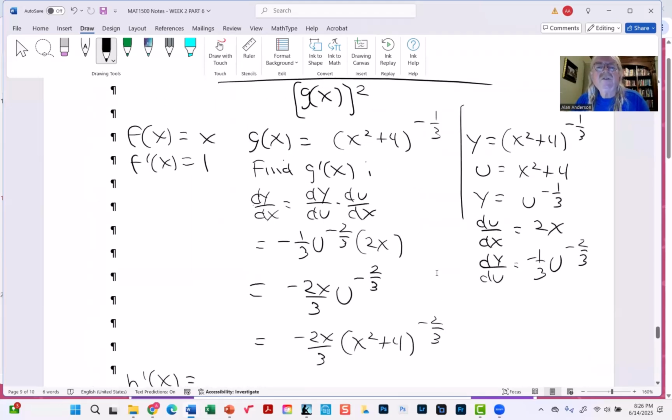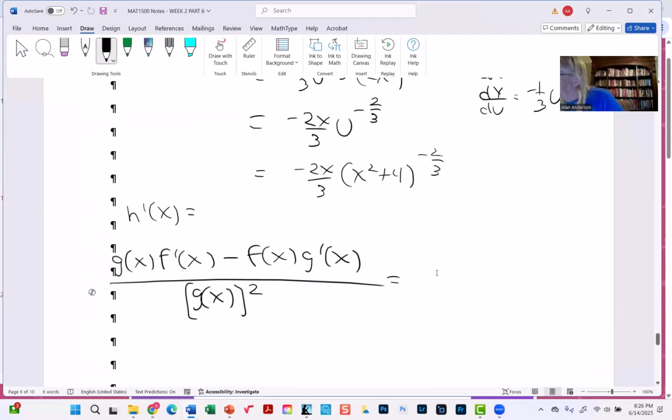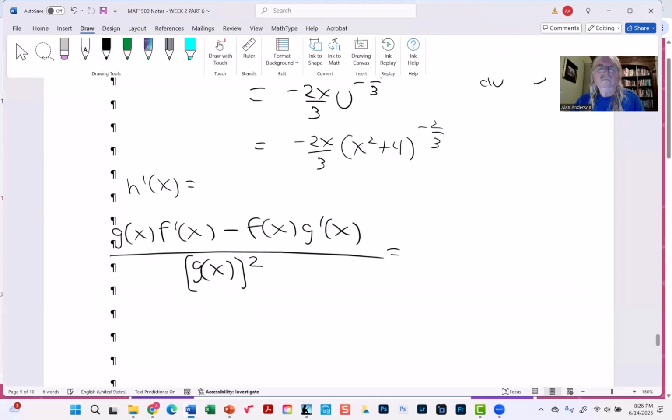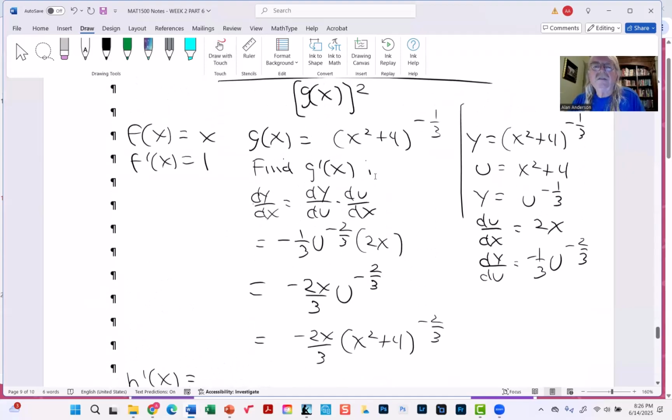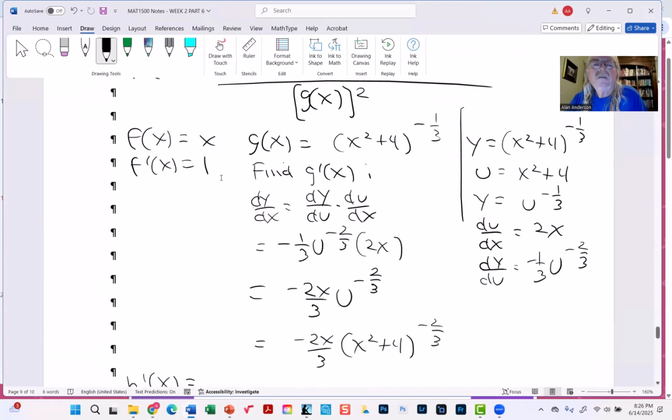So we know that g of x is x squared plus 4 to the minus 1/3 power. Well, actually, there's no way I have enough room here. Let me move this down. So again, g of x is x squared plus 4 to the minus 1/3. f prime of x is 1.